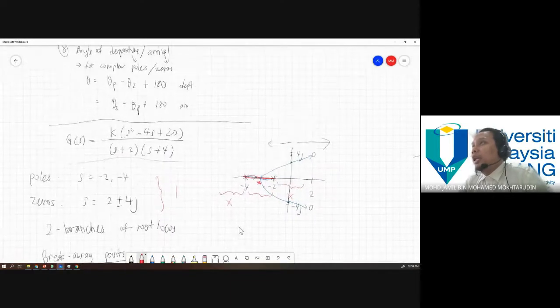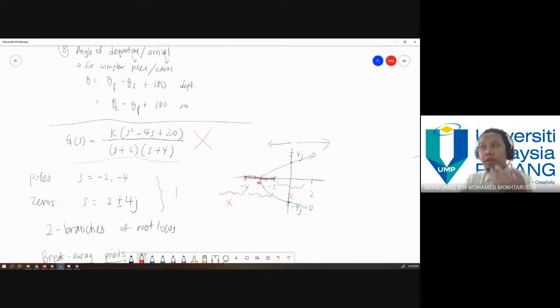kalau dalam exam lah, usually we don't give this. We don't give the GS. But instead, maybe we give you a block diagram. You need to simplify block diagram to get GS. Okay. So most of the time, student cannot simplify the block diagram.